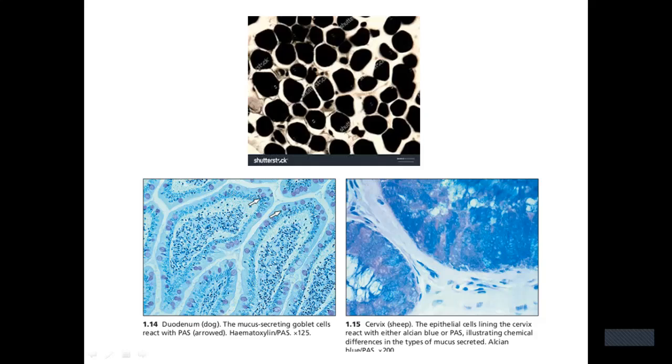The mucus-secreting goblet cells react with PAS for carbohydrate. This is the cervix, part of the uterus in the female. The epithelial cells lining the cervix react with either Alcian blue or PAS, which illustrates the chemical differences in the type of mucus secreted by the cells. This is the Alcian blue special stain.